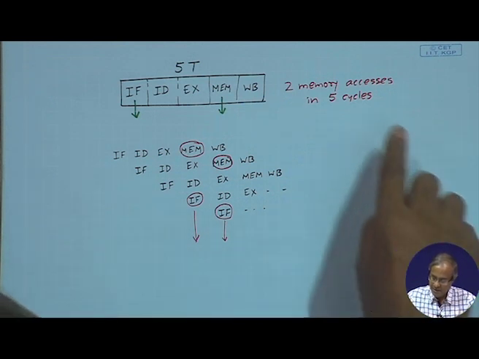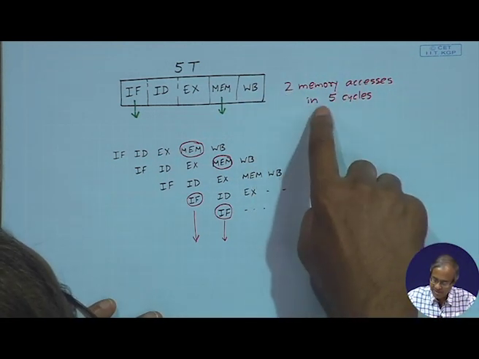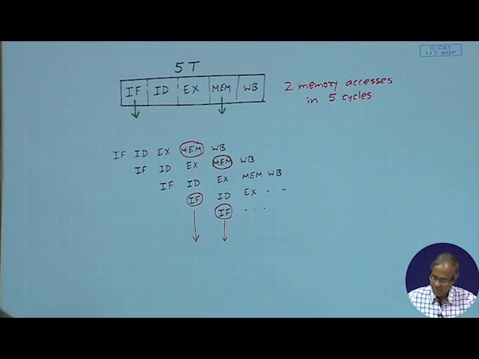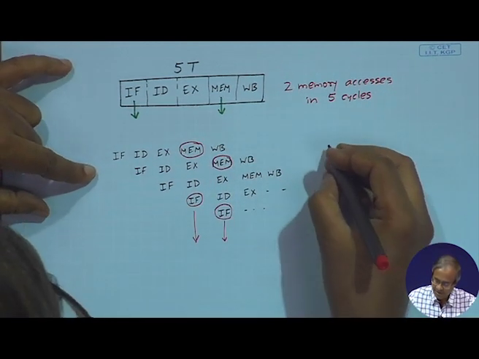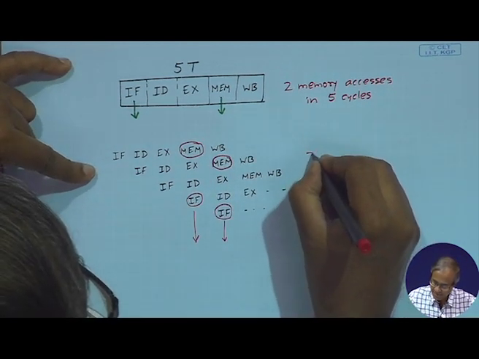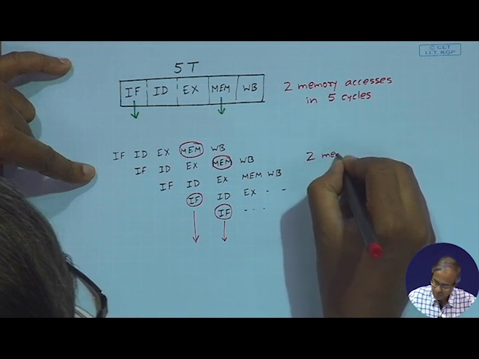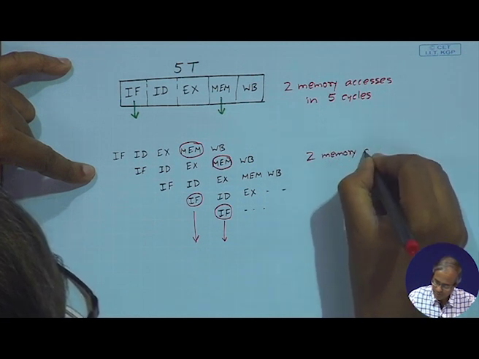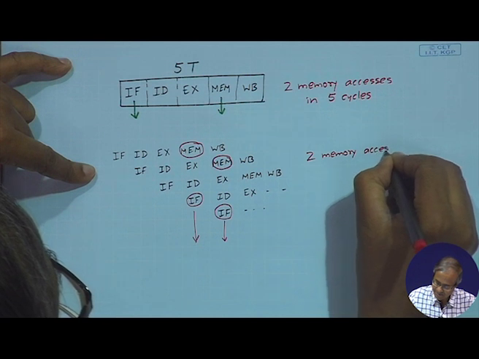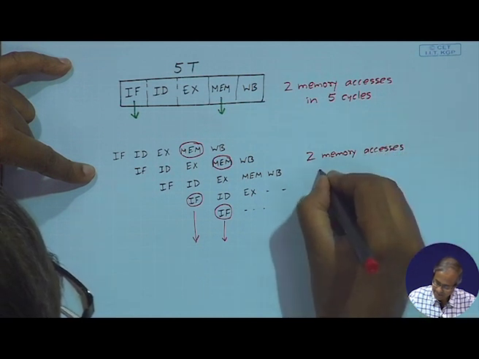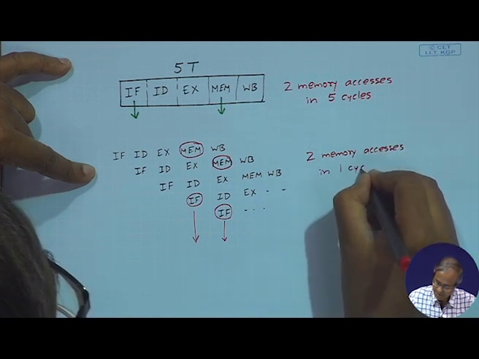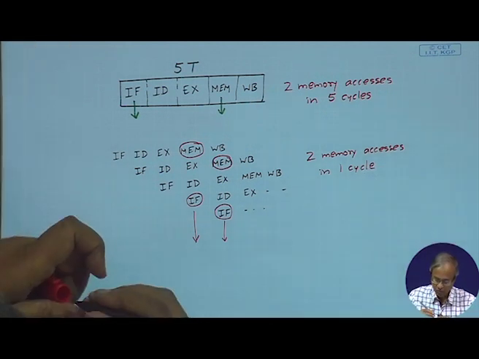Right. Earlier there were 2 memory accesses in 5 cycles, but now for the pipeline version there can be a maximum of 2 memory accesses in 1 cycle. So, what does that mean?